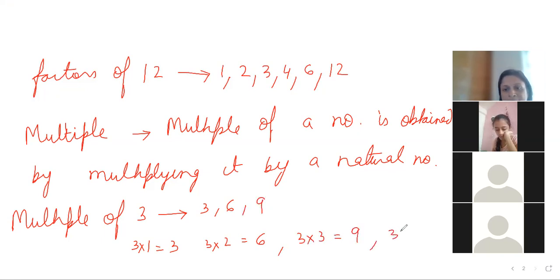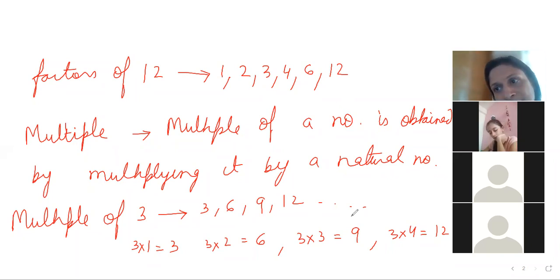I multiply 3 by 4, I got 12. So in this way, a number can have many multiples. I have to multiply them by a natural number. Let's say natural numbers start from 1. So I keep on multiplying it. I have multiplied it by 1, then by 2, then by 3, then by 4, in this way.